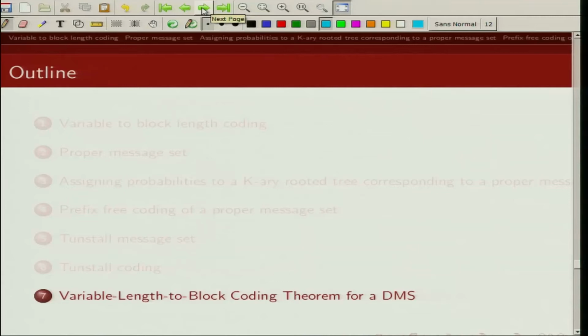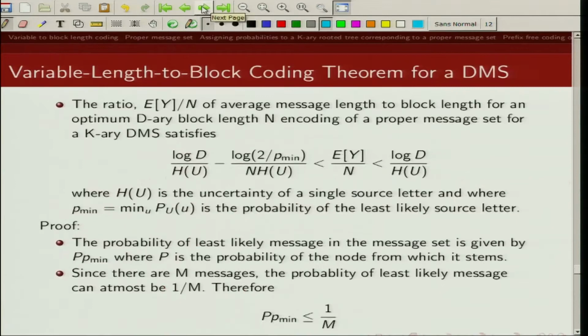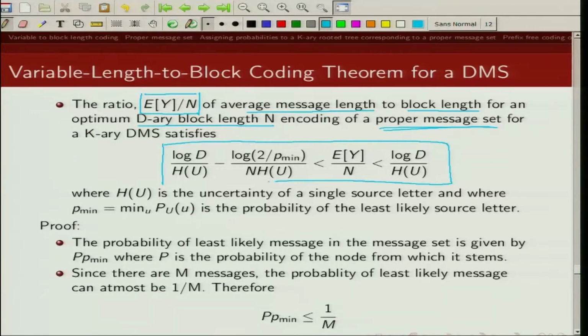Now let us explain the variable to block length coding theorem for a discrete memoryless source. The ratio of expected input length to n, which is basically the average message length to the output block length, for a block length n encoding of a proper message set satisfies this relation.